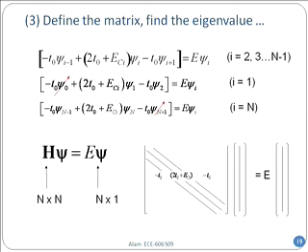So in our case, it was (H minus E) multiplied by psi equals 0. And we set the determinant of H minus E equal to 0. Setting the determinant of that equal to 0 is exactly the same as finding the eigenvalues of a problem. So therefore, these two procedures are exactly equivalent. I'm just following those 5 steps, remember? Exactly the 5 steps in a numerical form here.